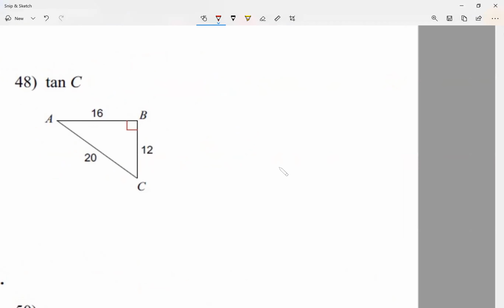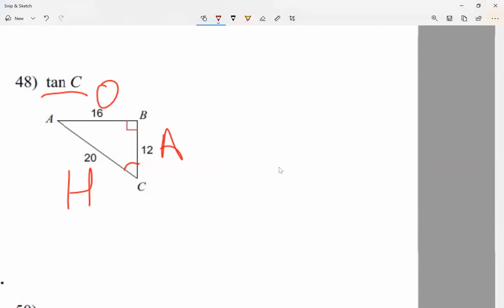Let me label my sides. The biggest side is hypotenuse. That's the biggest side. Now, the other sides, again, one of them is the opposite, one of them is the adjacent, based on tangent of angle C. So I'm going to look at corner C, and I'm going to say 16 is my opposite, 12 is my adjacent.